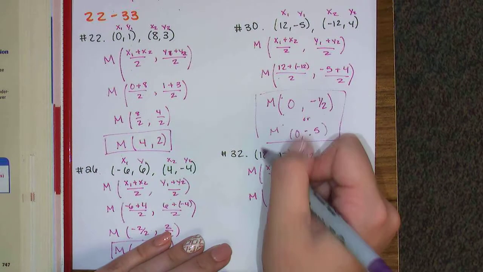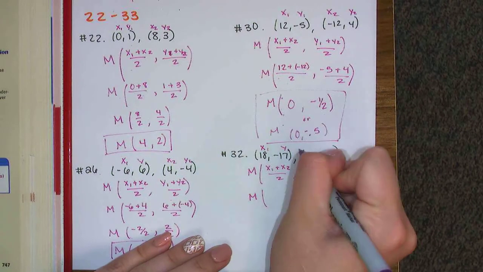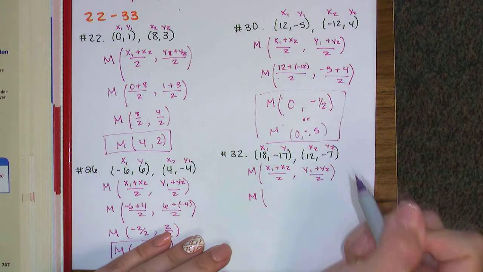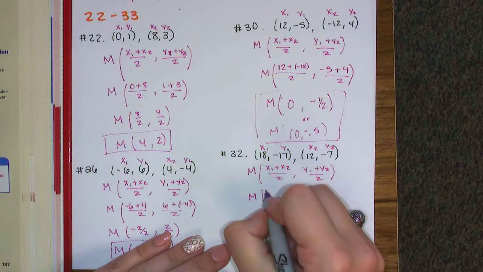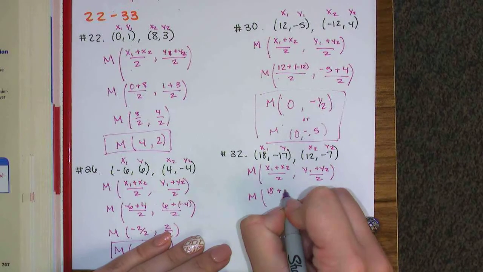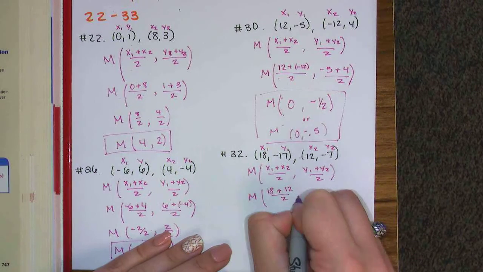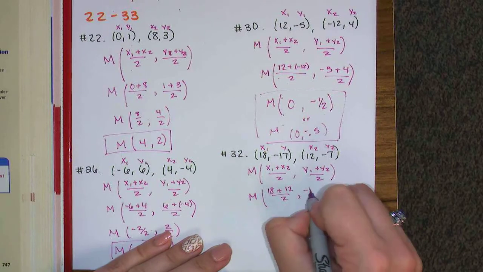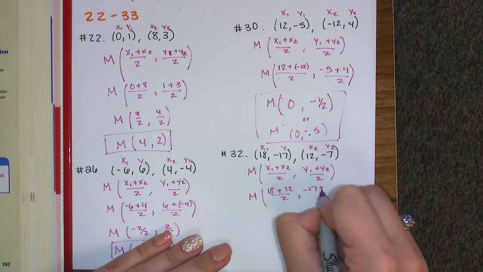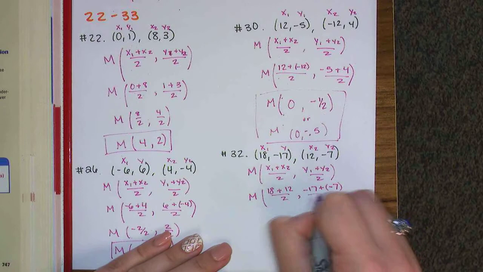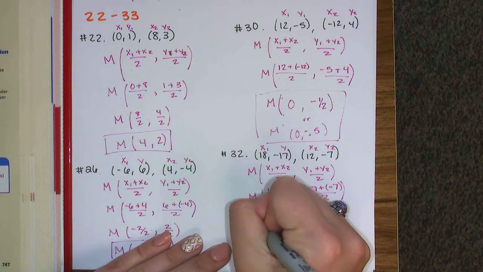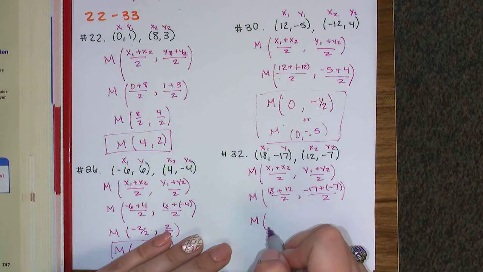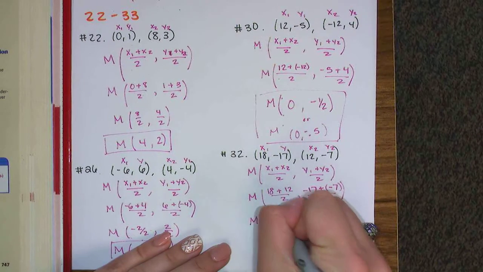Oh, I need to write x1, y1, x2, y2. x1 is 18 plus x2 is 12 over 2. y1 is negative 17 plus y2 is negative 7 over 2. 18 plus 12 is 30 over 2.